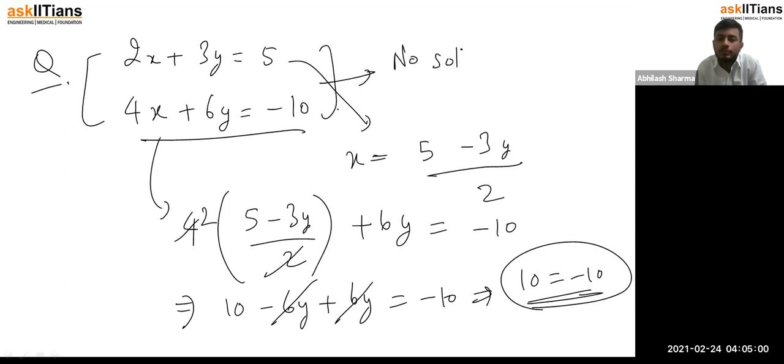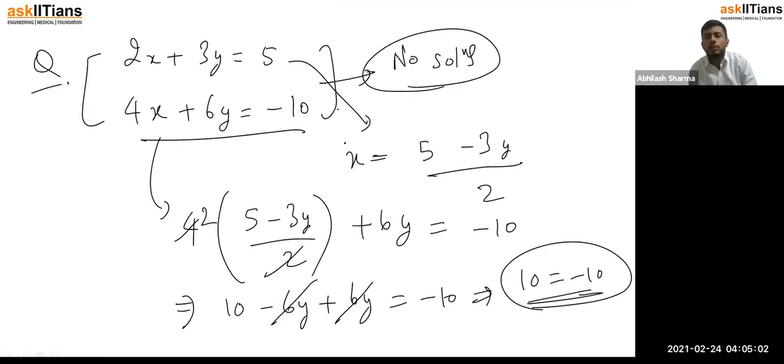It has no solutions means there are absolutely no values of x and y that satisfy both these equations. Because this can never be true, right? So no matter what x and y you put, these two equations will never be simultaneously satisfied.